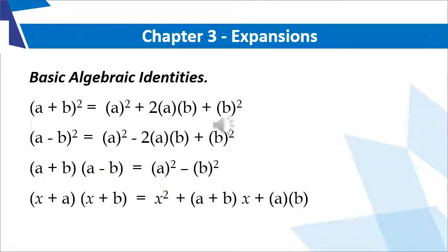Basic algebraic identities that you studied are (A plus B) the whole square equal to A square plus 2AB plus B square. (A minus B) the whole square equal to A square minus 2AB plus B square. (A plus B)(A minus B) is equal to A square minus B square. (X plus A)(X plus B) is equal to X square plus (A plus B)X plus AB.